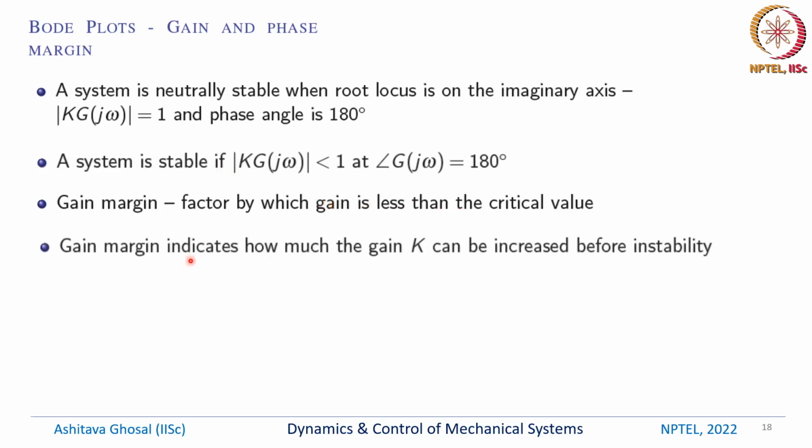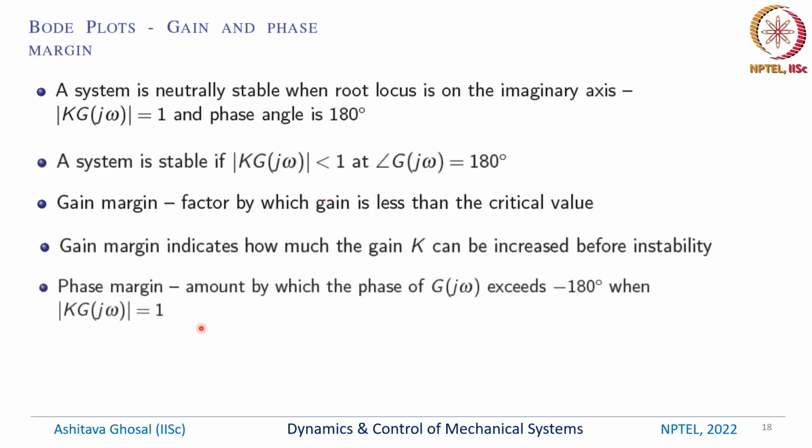The gain margin indicates how much the gain k can be increased before instability happens, before this magnitude goes more than 1. The phase margin is the amount by which the phase of g(j omega) exceeds 180.